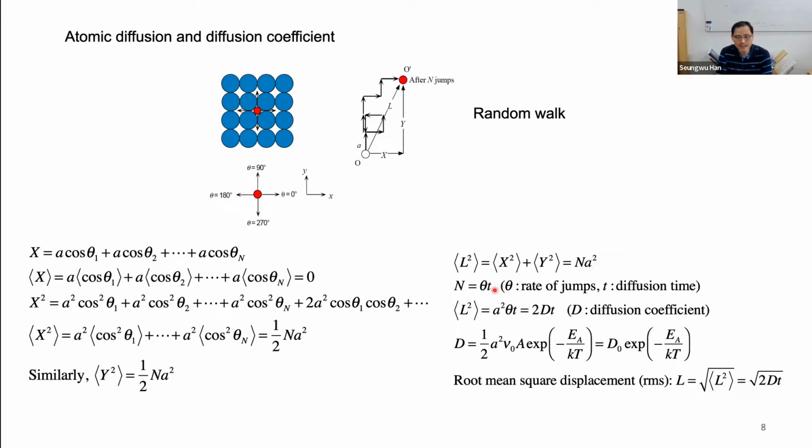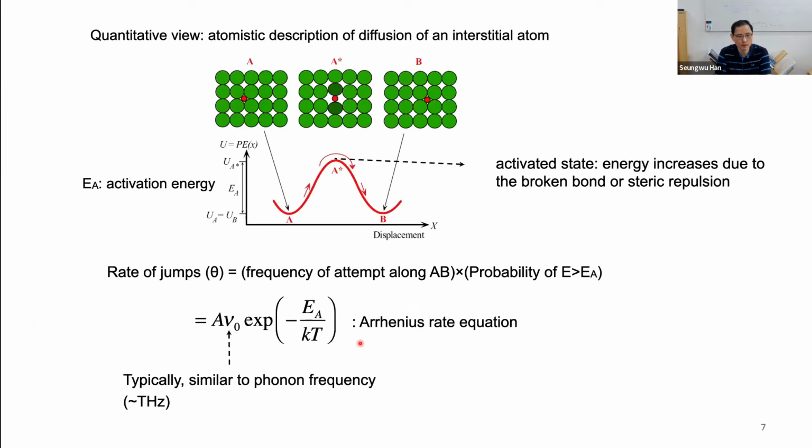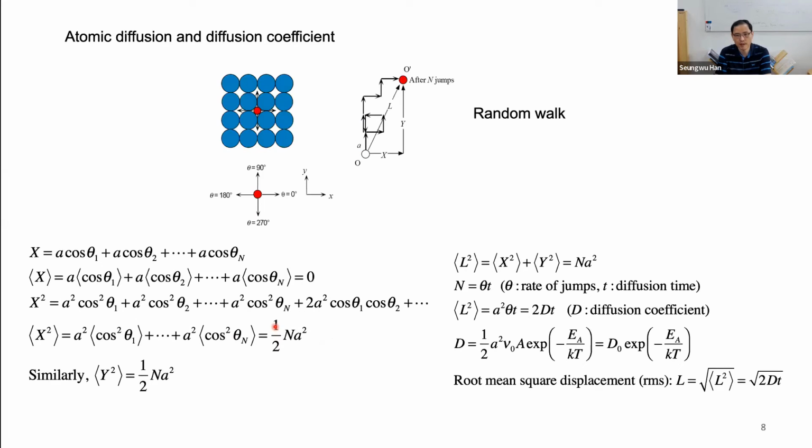If t is the diffusion time, how long has passed from the original position, then it is t times theta, where theta is the rate of the jump that we have discussed just before, right? That gives you how many times it jumped in a given time t. So n is equal to theta t, and this is the L squared expectation value.